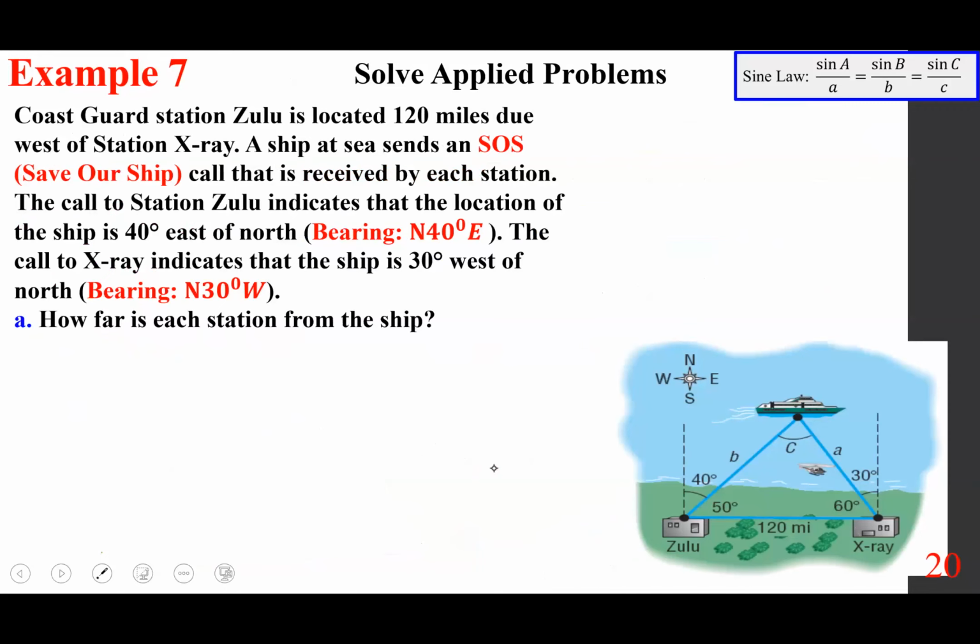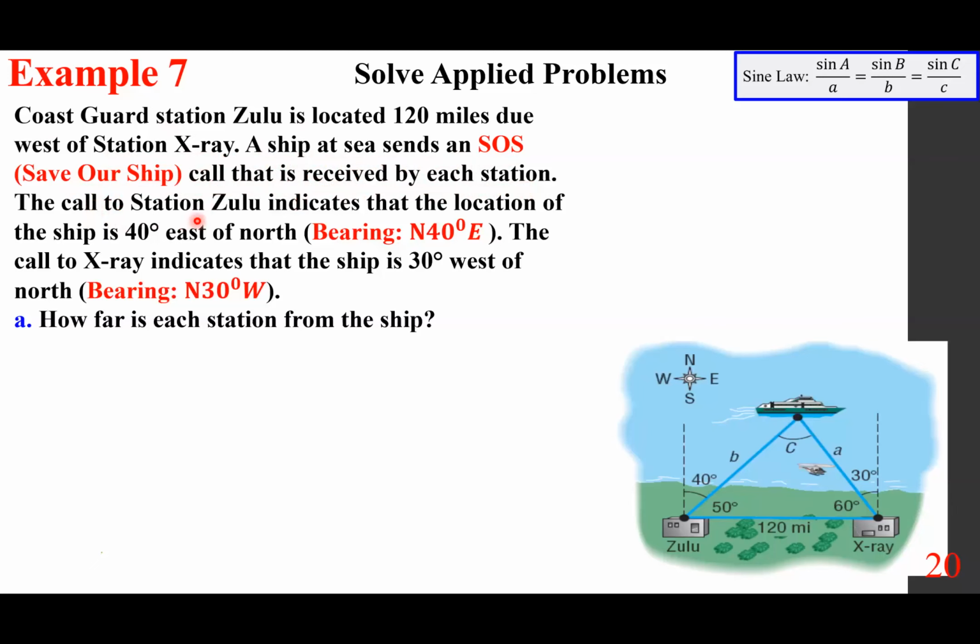Could somebody read this question, please? Coast Guard Station Zulu is located 120 miles due west of Station X-ray. A ship at sea sends an SOS call that's received by each station.